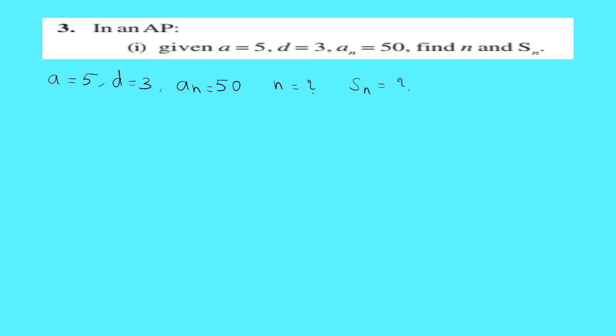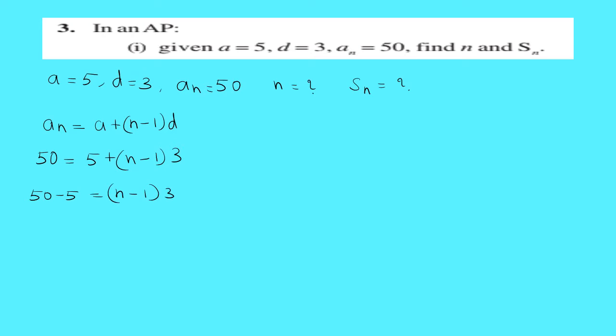Now an is given as 50, so you can find n from this. So an equal to, write the formula a plus n minus 1 multiplied by d, that is 50 equal to a is 5 plus n minus 1. n we don't know, so write as it is. d is 3, that is 50 minus 5 equal to n minus 1 multiplied by 3, that is 45 upon 3 equal to n minus 1.